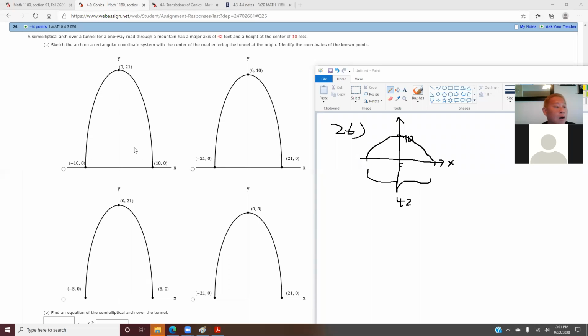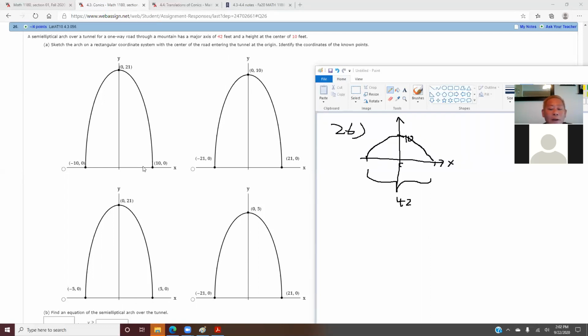Oh, you guys have different answers. Watch carefully. Look at my picture. This is A. This is B. This is C. This is D. Which one is correct?